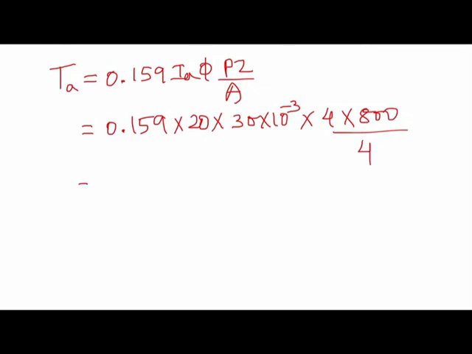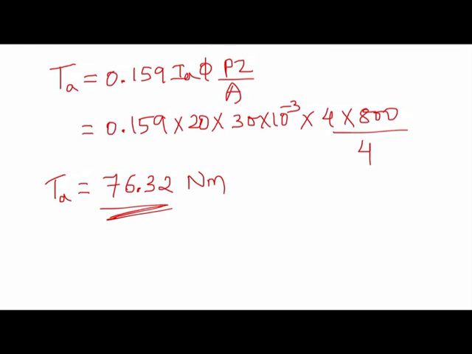Upon calculating this, the torque developed in the armature of the DC shunt motor is 76.32 Newton meter.